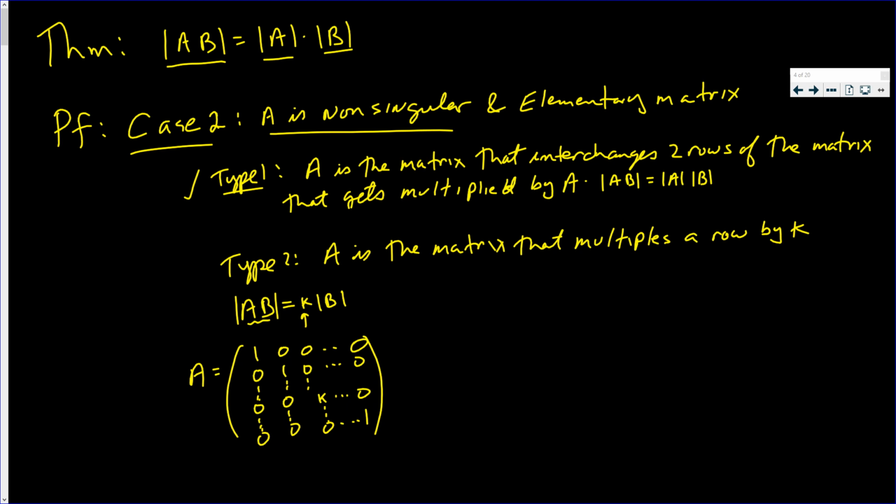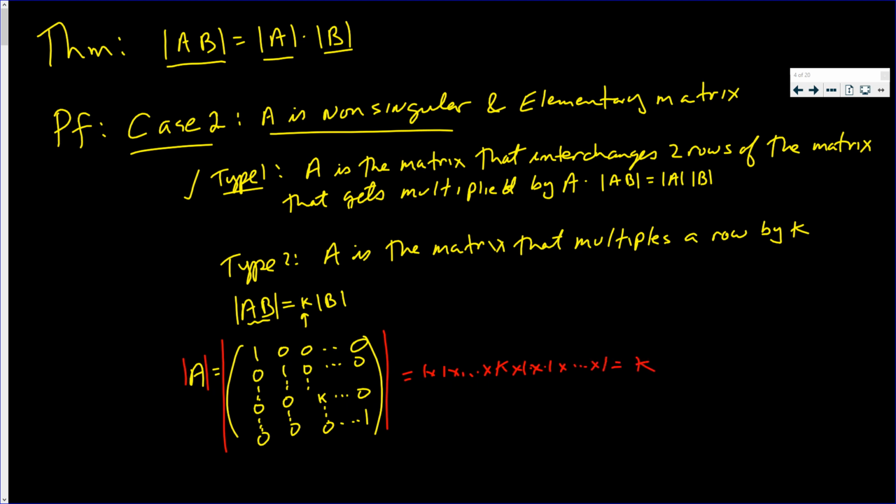If you prefer, it's upper triangular because everything below the diagonal is 0, or lower triangular, however you want to think about it. This determinant is equal to 1 times 1, eventually times K, times 1, times 1, times 1.